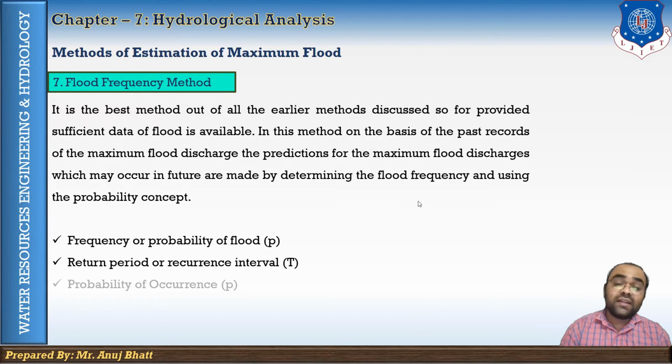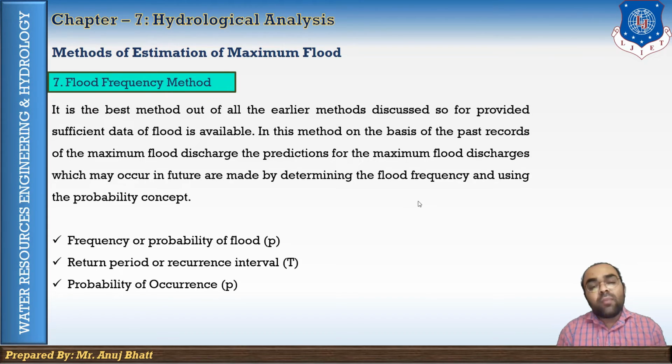The third is the probability of occurrence. The probability of an event being equaled or exceeded in any one year is the probability of its occurrence. This is generally represented by P, and the value of P is 1 upon T, where T is the recurrence interval, or the return period.